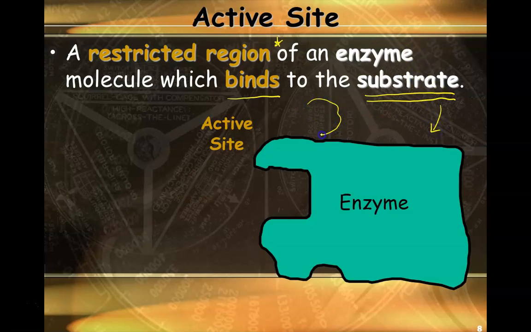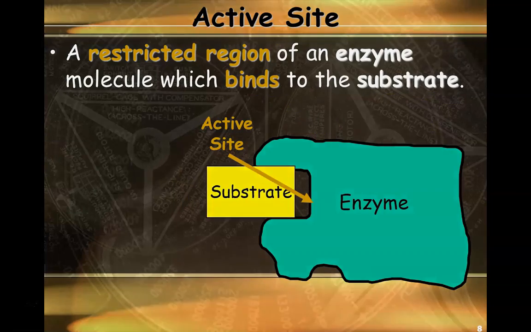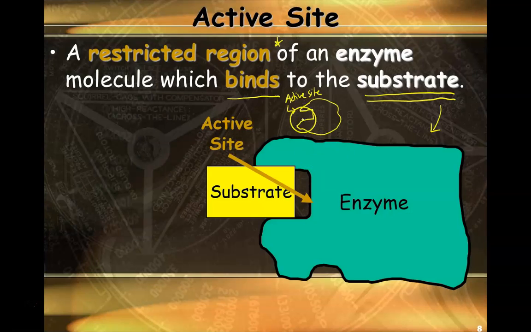Just draw a big blobby looking thing and try to make that pretty well shaped and label it active site, just like they've done below. Then notice we have the substrate and it comes in and it can fit perfectly right in there. So you could label that the substrate. So the active site is the restricted region of the enzyme which binds to the substrate. Again, the lock and key method is what you'll a lot of times hear it called.